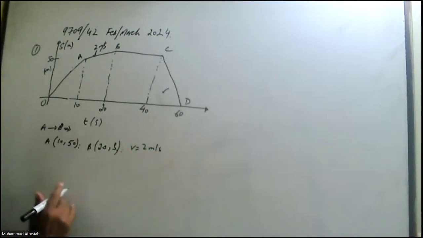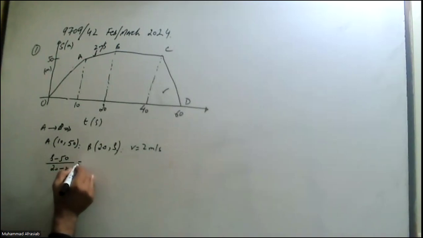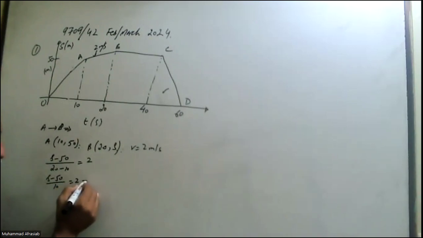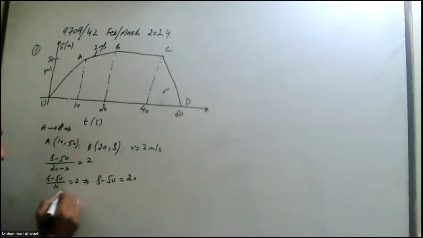So we can use the gradient formula: S minus 50 divided by 20 minus 10 is equal to 2, or S minus 50 over 10 is equal to 2, which implies that S minus 50 is equal to 20, or S is equal to 70 meters.